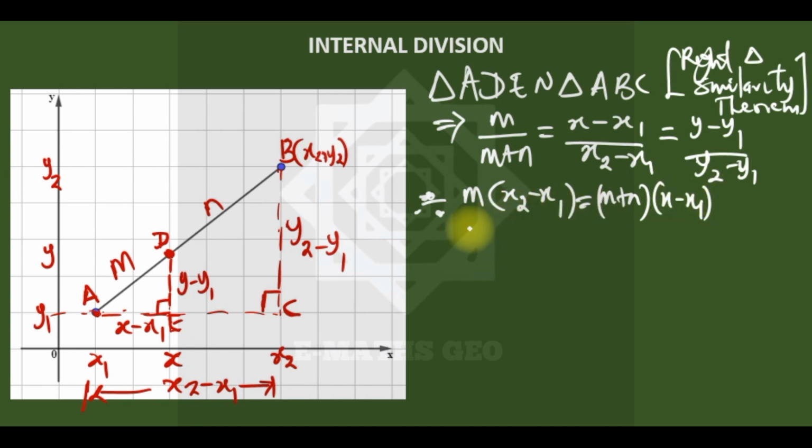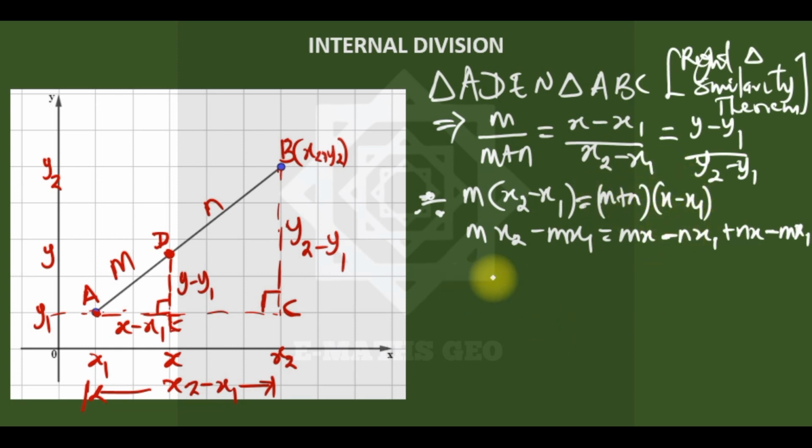If you open up, I have mx2 minus mx1 equals mx minus nx1 plus nx minus mx1. So that's it.